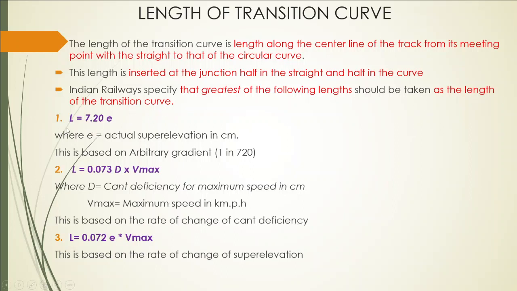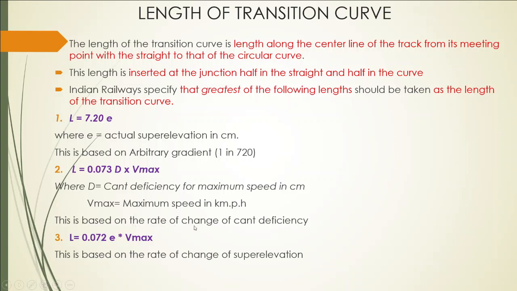So the first equation is L is equal to 7.20 E, where E is the actual super elevation in centimeters. Now the second is L is equal to 0.073 D into Vmax, where D is the cant deficiency for the maximum speed, which is in centimeters, and Vmax is the maximum speed in kilometers per hour.